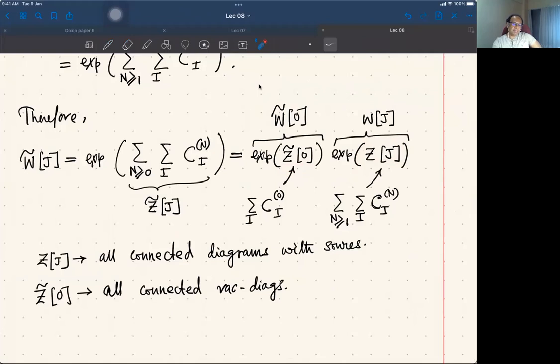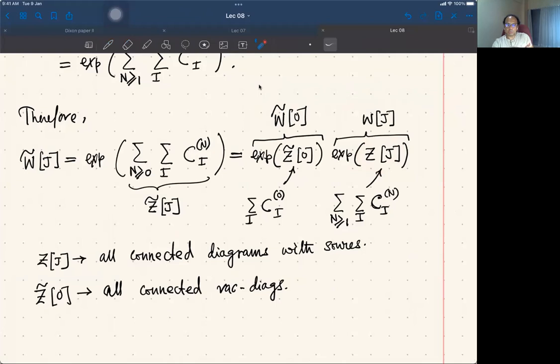And the reason we get these vacuum diagrams is basically the mismatch. These are all vacuum diagrams. The appearance of the vacuum diagrams is an artifact of the definition of W tilde. This Wj, the actual generating functional that we wanted to calculate, does not have any vacuum diagram, but we could not directly deal with the path integral, which is why we defined W tilde with the free action downstairs in the denominator.